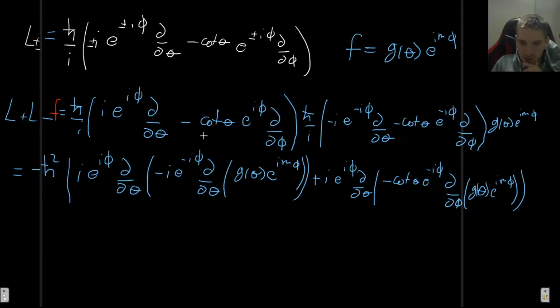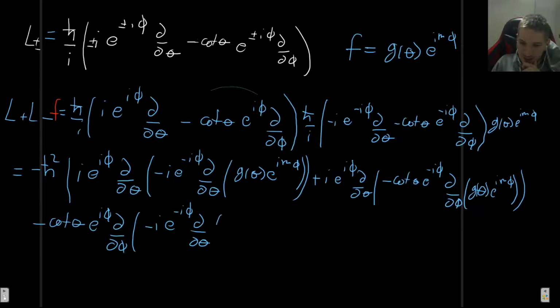The third part will be this right here acting on this. So that's going to be minus the cotangent of theta e to the i phi d phi of minus i e to the minus i phi d theta, and this acting on g of theta e to the i m phi.